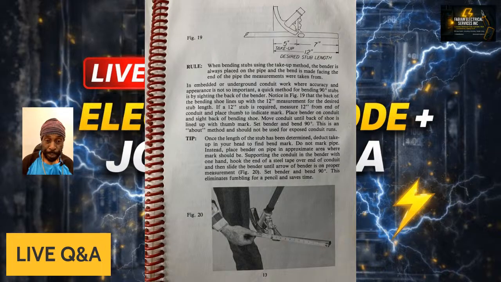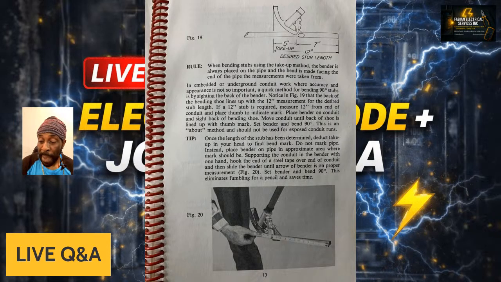So here's the take up. Every time you make a bend, this is the take up for 90s. If you're doing a stub 90, you simply place your bender the other way at the end of the conduit, and that's how you will make a 6-inch stub 90.